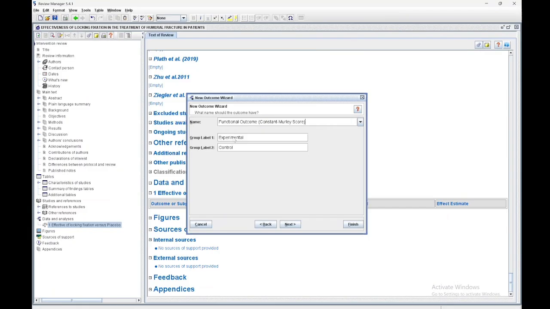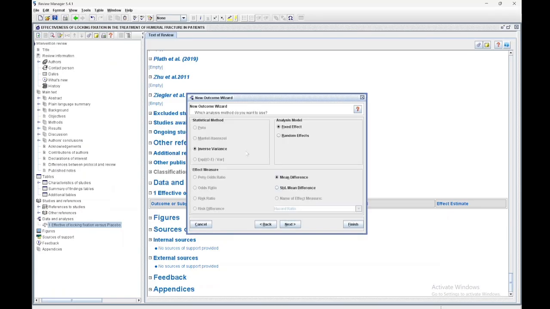Now there's something we call group labels. What group labels means is more like the table that you're going to use in entering your terms. So at the first label, I'm going to call it locking fixation. And then I might leave the other as control. I'm going to go to next. Now when you go to this part, this is where you choose your analysis model.